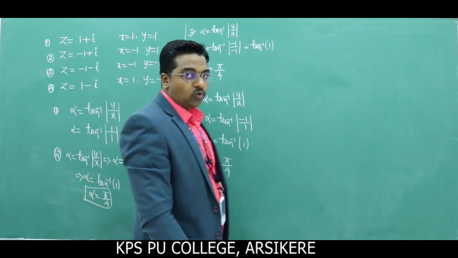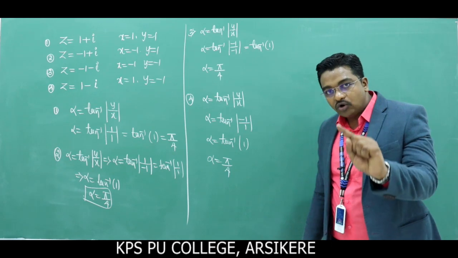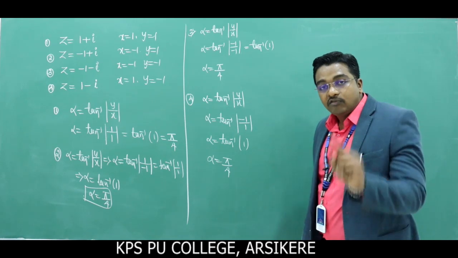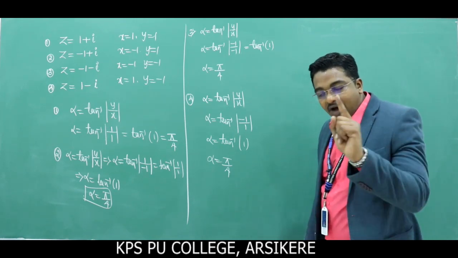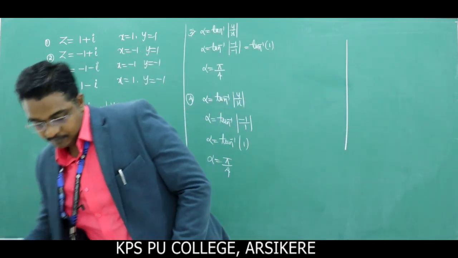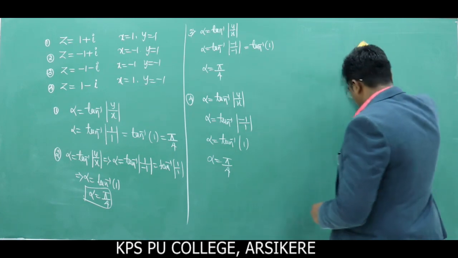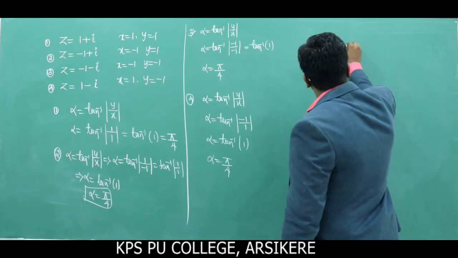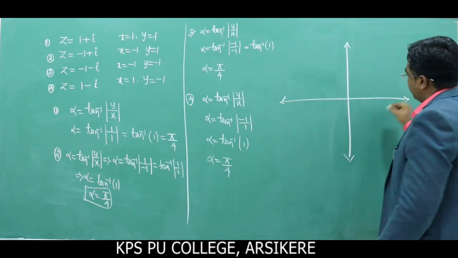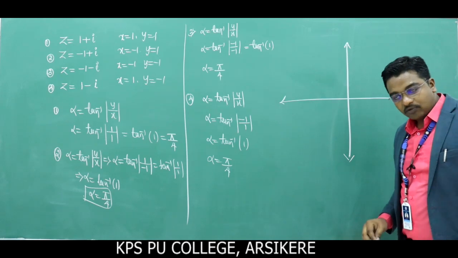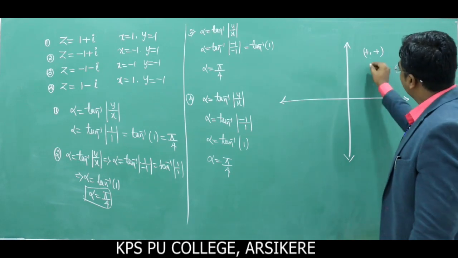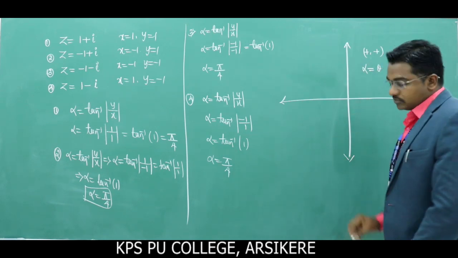Then what about the first quadrant? See the first number: x is equal to 1 and y is equal to 1. Obviously that number lies in which quadrant? First quadrant. In the first quadrant, both x and y are positive, theta, the principal argument, is equal to alpha.